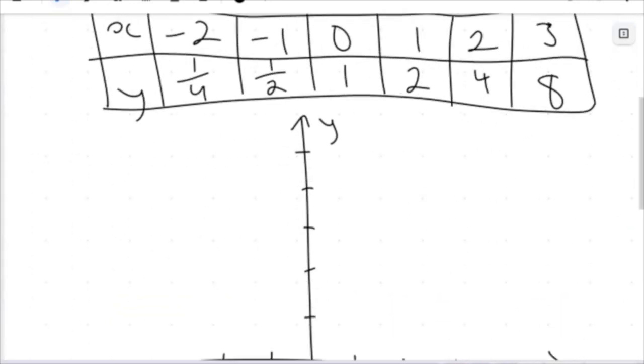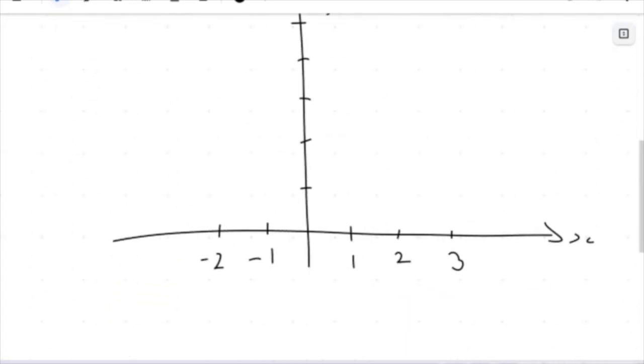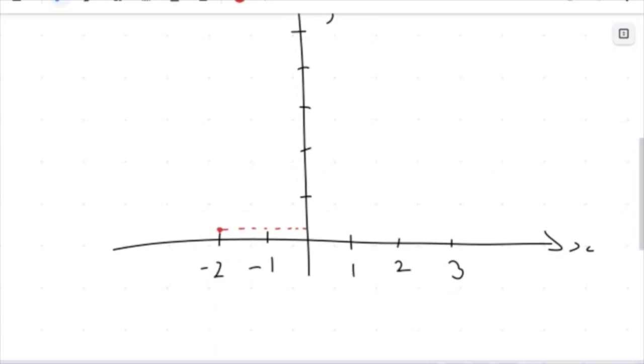Plotting these points in, when x is -2, y is 1/4, so that's all the way down here. And when x is -1, that gives me 1/2, so that's going to be about there.